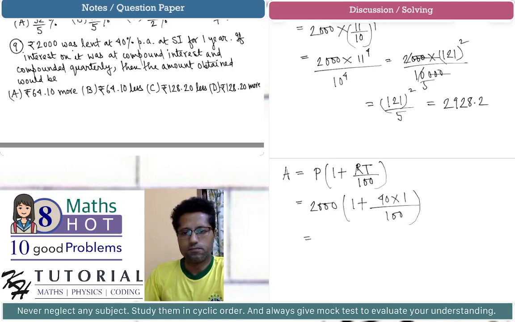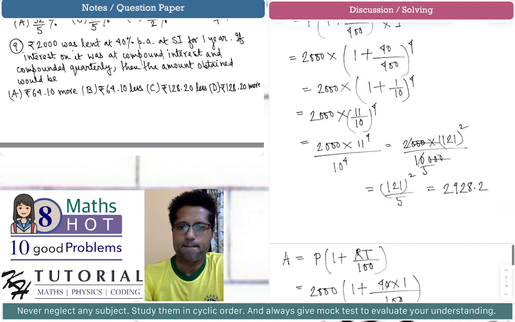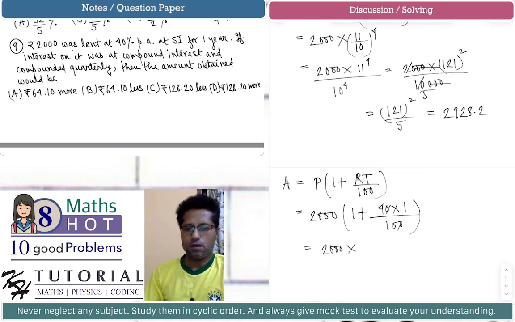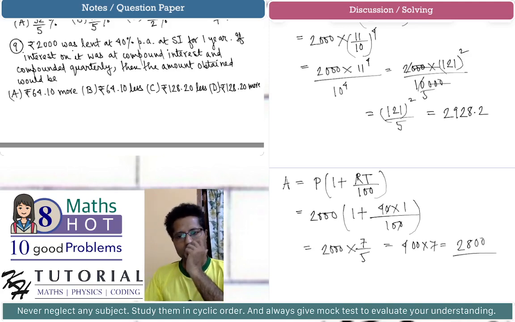So this is 2000 multiplied by 1 plus 4 by 10, that is 1 plus 2 by 5, which is 7 by 5. This is equal to 400 multiplied by 7, which is 2800.